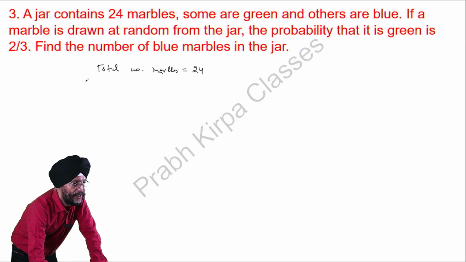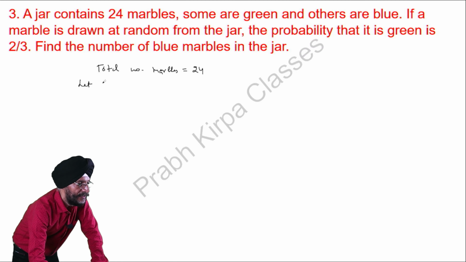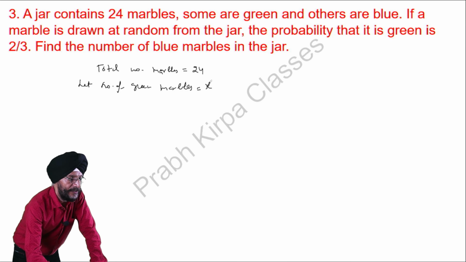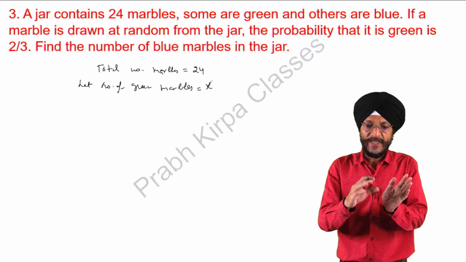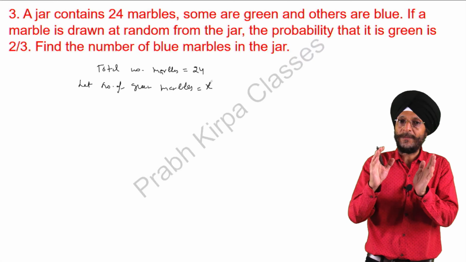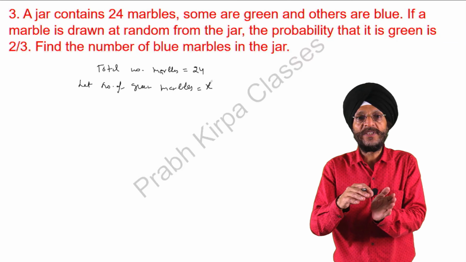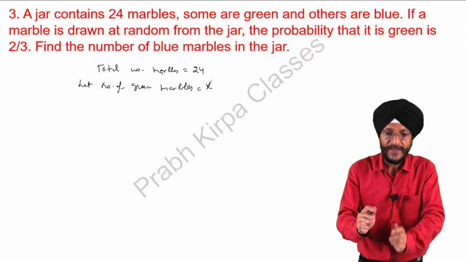Now we assume that the number of green marbles is equal to x. In the earlier part we had assumed that the number of blue marbles are x, but here we are assuming that the number of green marbles are x.